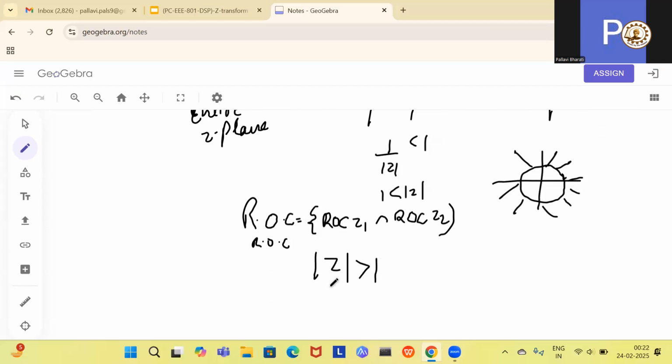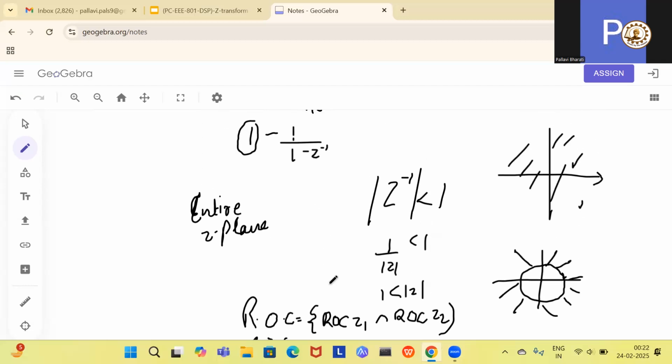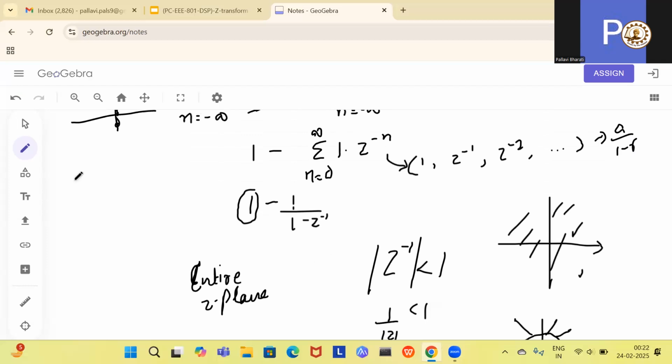Fine. And here you saw the final answer for X of z is X1 of z plus X2 of z. You can simplify it and write it as 1 by 1 minus z inverse minus 1 by 1 minus z inverse, so the 1 and minus 1 will get cancelled. And in the answer, you're going to get minus z inverse by 1 minus z inverse.